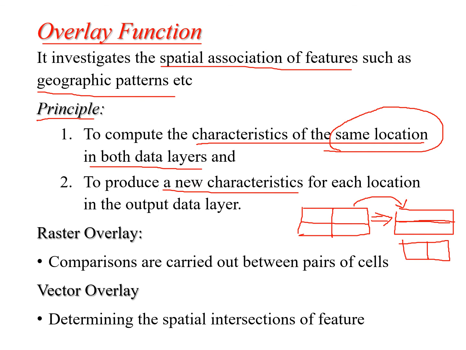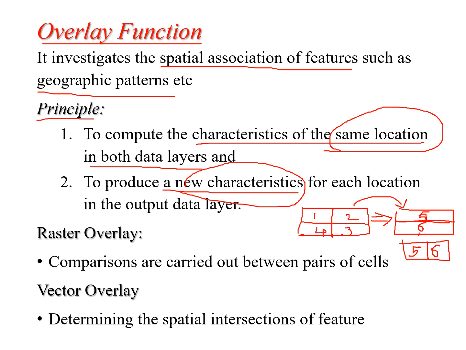So this 1, 2, 3 and 4 could be combined together forming the fifth and the sixth, or it could be just this fifth or this sixth. Here we are producing new characteristics.